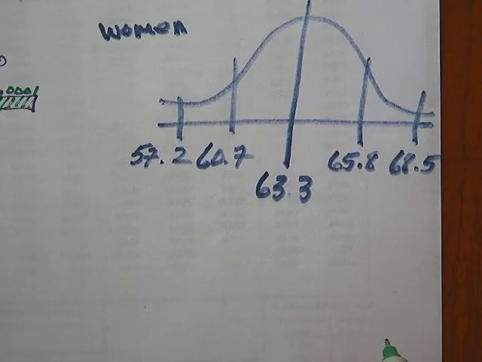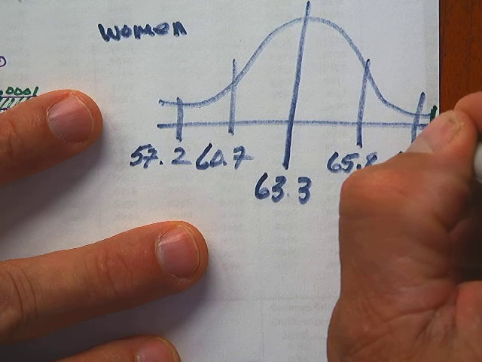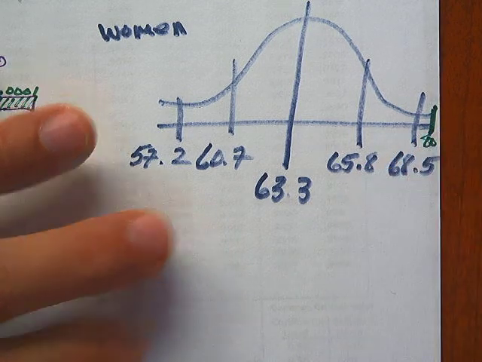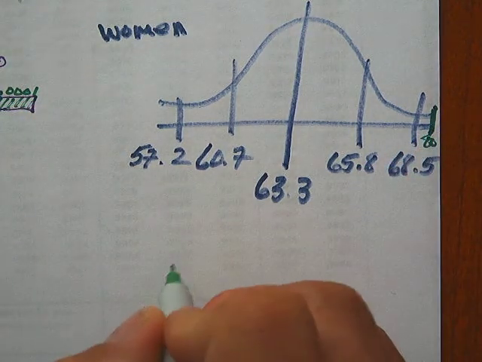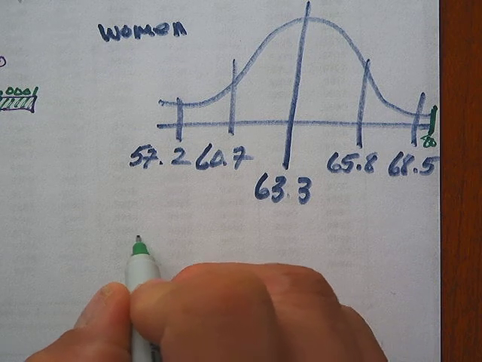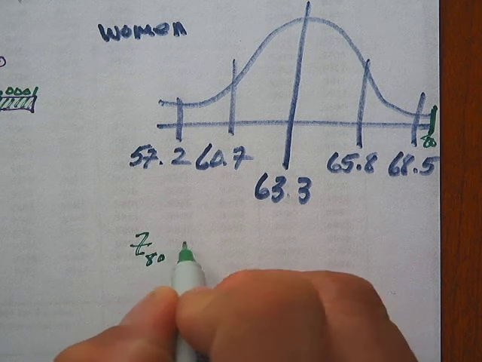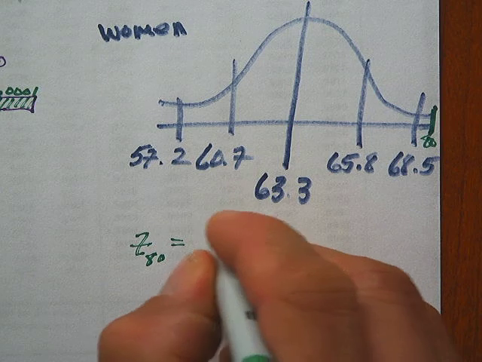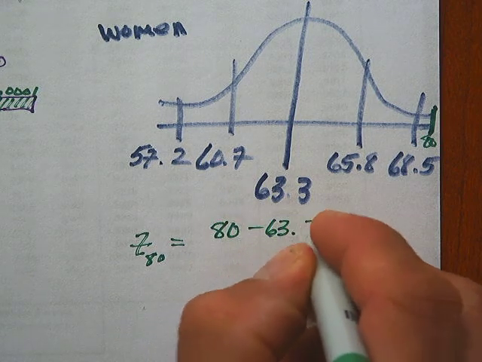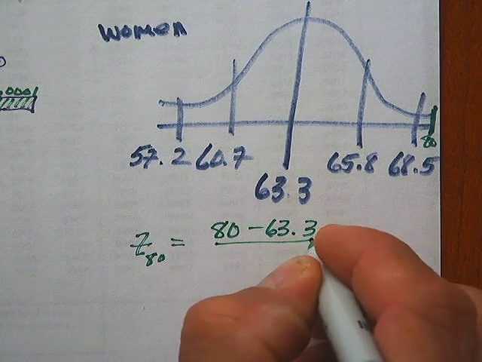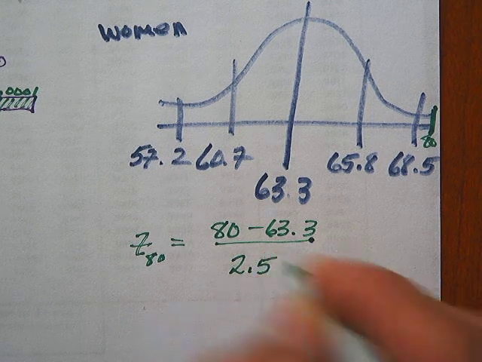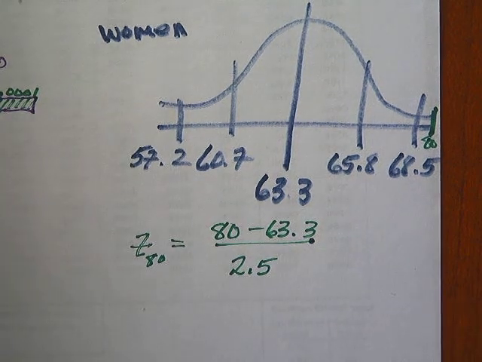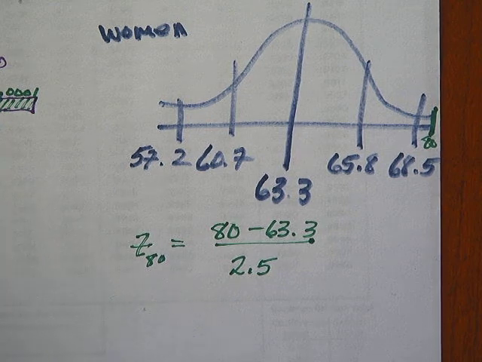Now, A also says the percentage of women too tall. Well, again, that would be over here. Let me get over here a little bit where you can see. That would be right here, 80. So we would do the Z sub 80 for women is equal to 80 minus 63.3 over their standard deviation, which is 2.5.